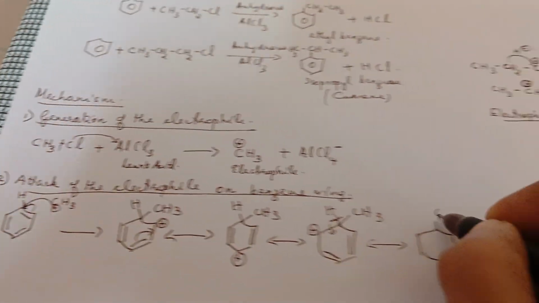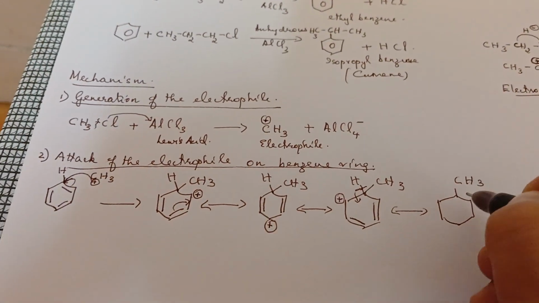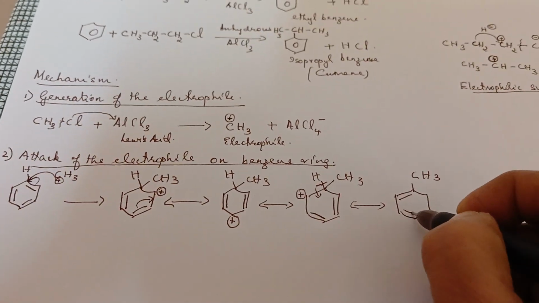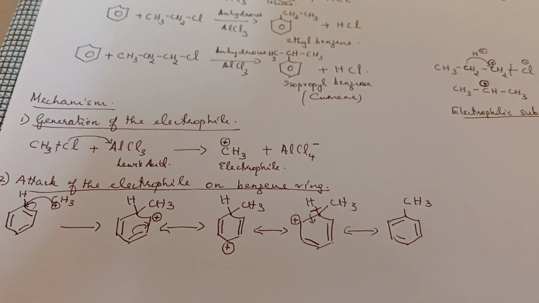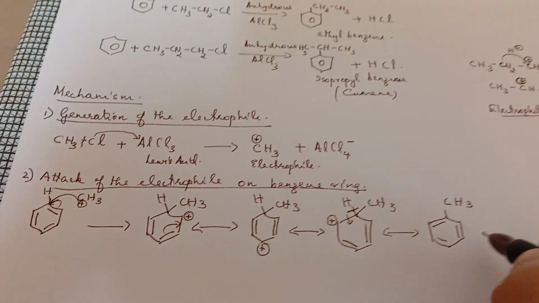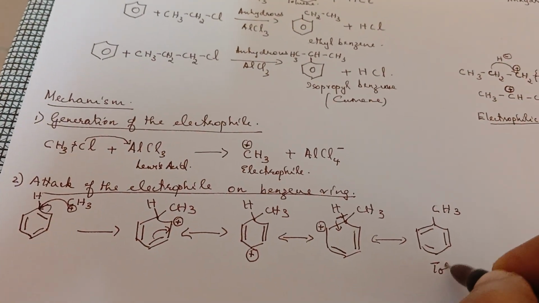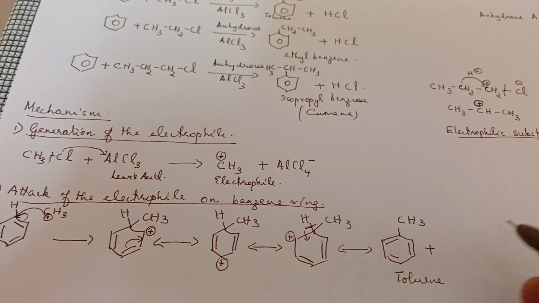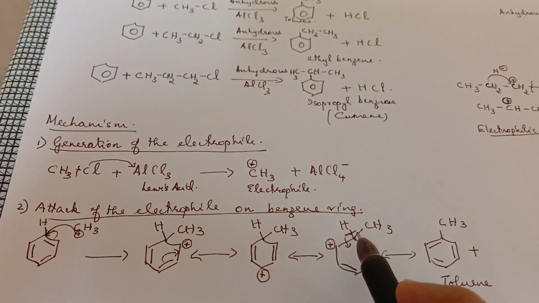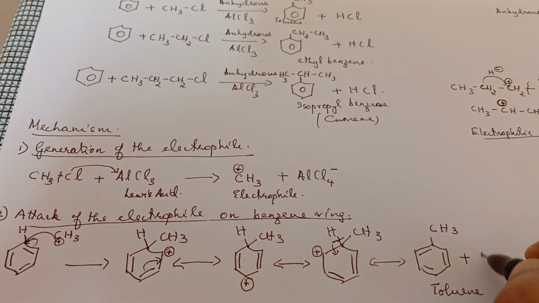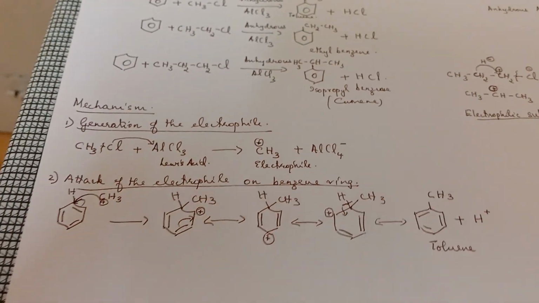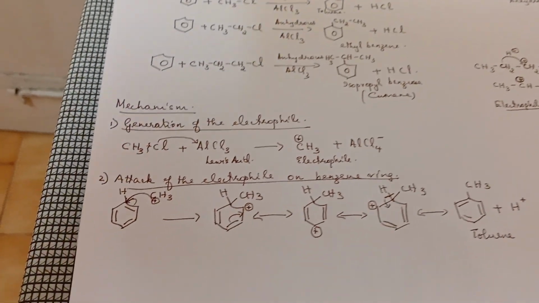So as a result, the CH3 will be fixed there and the double bond will come here and the other bonds will be here. So this is your product, that is toluene or methyl benzene. Plus, what else have you got? This hydrogen has gone away as H plus, a proton.